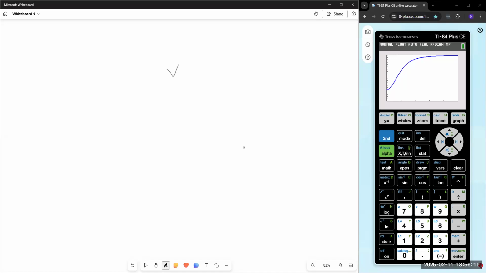So the value is inversely proportional to the square root of T plus 1.